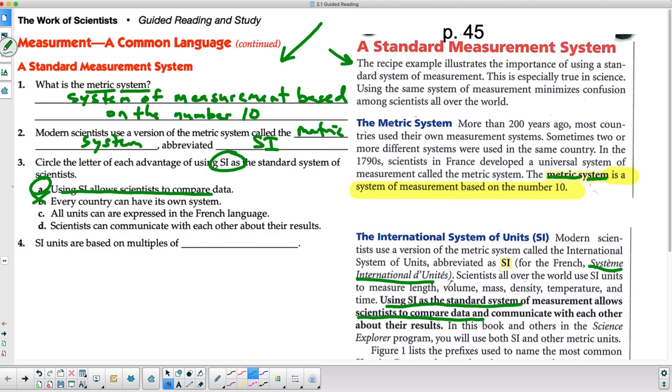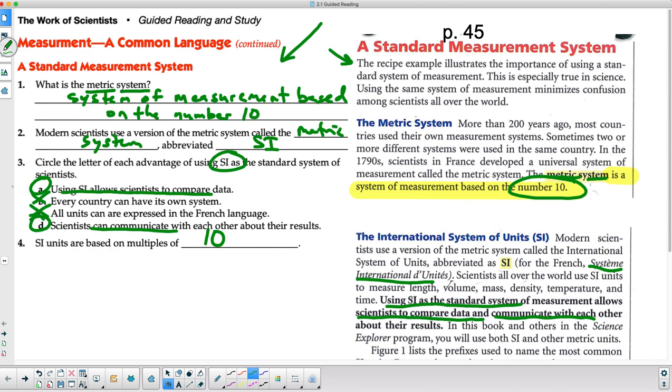All units can be expressed in the French language. Nope. And scientists can communicate with each other. So that would be the other one. SI units are based on multiples of the number 10. That's it.